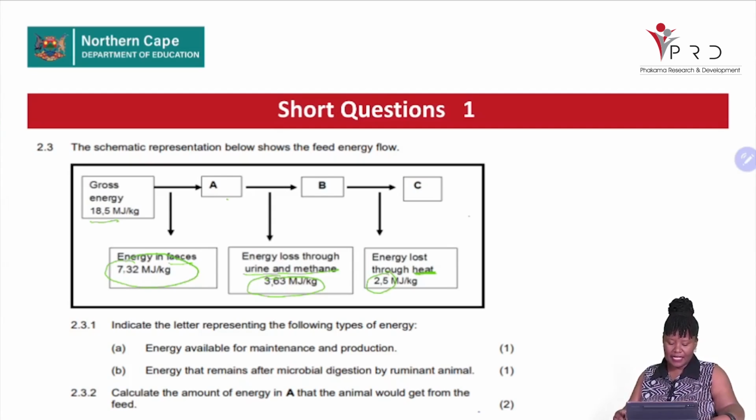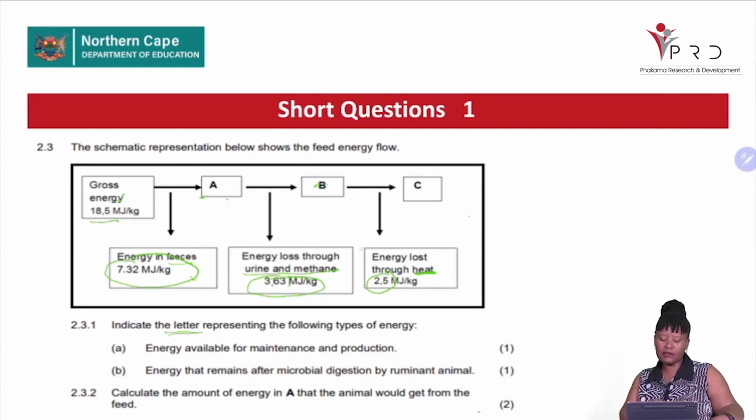Indicate the letter representing the following types of energy. Energy available for maintenance and production. The instruction says give the letter. The one that is available for maintenance and production. Remember, we mentioned an animal is given this total of energy. This is not available due to these losses.